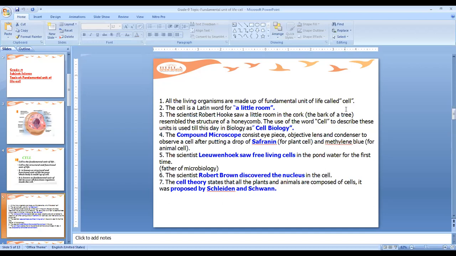He kept the cork. What is the cork? It is the bark of a tree, a small piece of the bark of a tree. It is the hard part, the outer covering, the brown dried part, or the green outer part of the tree.